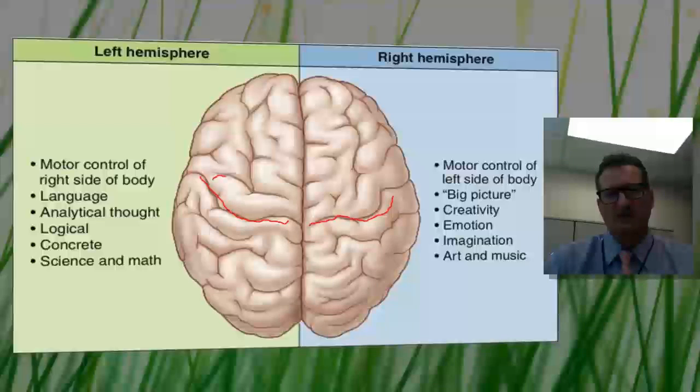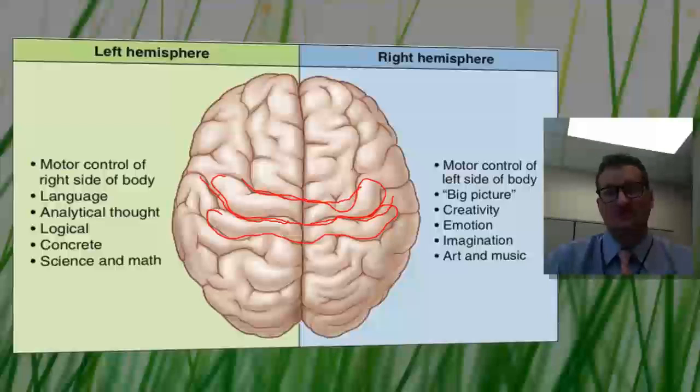And so the primary, the precentral sulcus is here, and the postcentral gyrus is here. Again, these are not right or left, but they're on both sides of the brain.